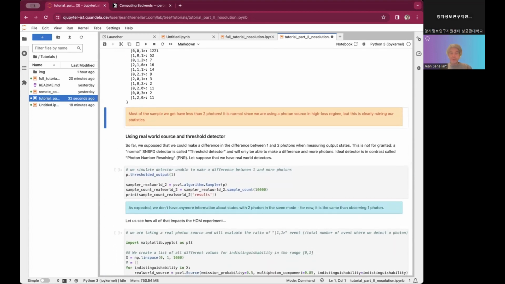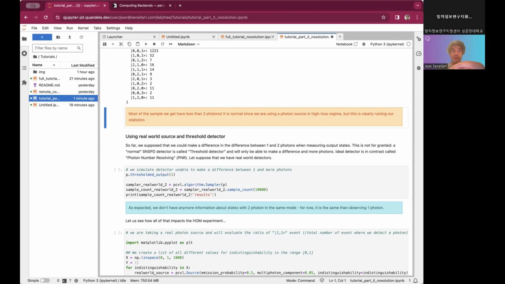So the last parameter we want to take into account is the detector. I told you that there are 2 types of detectors that we can use. One of them is what you call the threshold detector, and it's a very basic one. It's the superconducting SNSPDs, where we have this nanowire, and when there is a photon or multiple photons that arrive to the nanowire, you have some change of state of the detector, and then you can detect a signal. By default, this setup doesn't allow any differentiation between 1 photon and 2 photons.